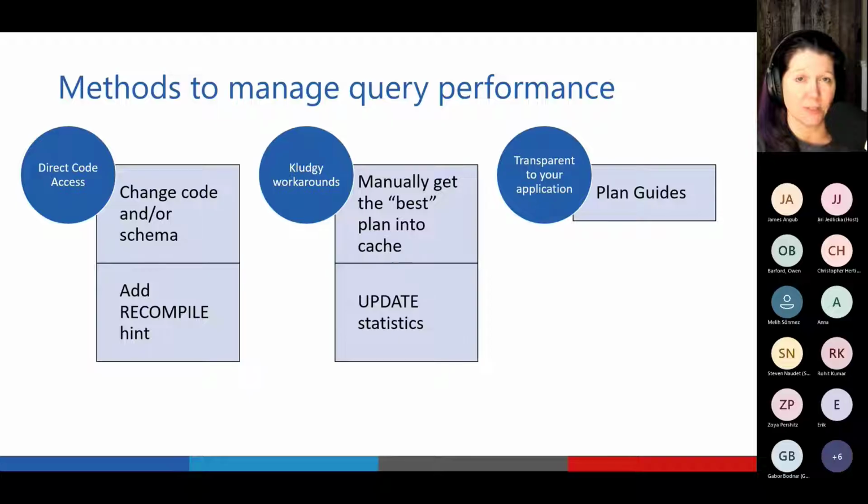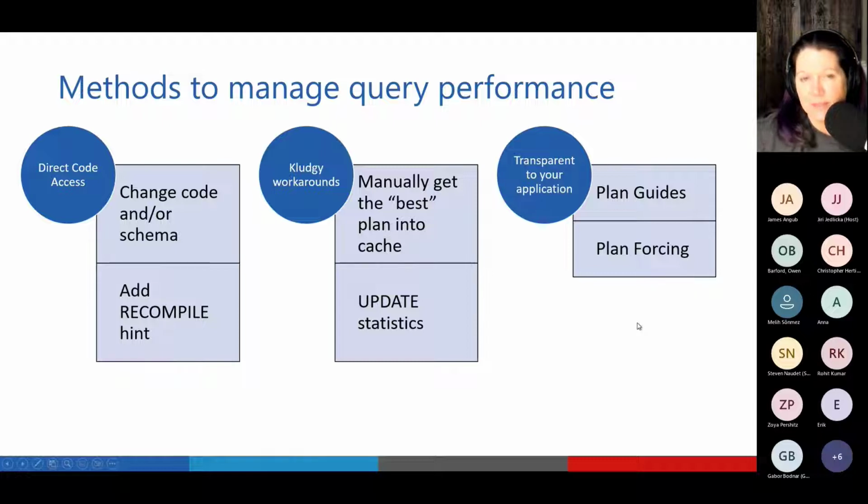They're only using T-SQL to implement them. There's no UX to try to understand how to implement that. You have to rely simply on code. And I found that it was hard to understand if the plan guide was being used or if it failed, why.